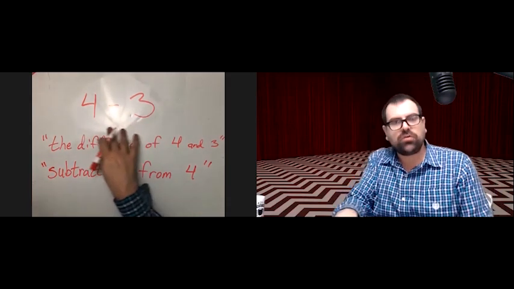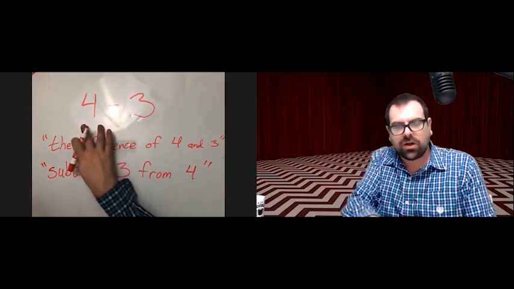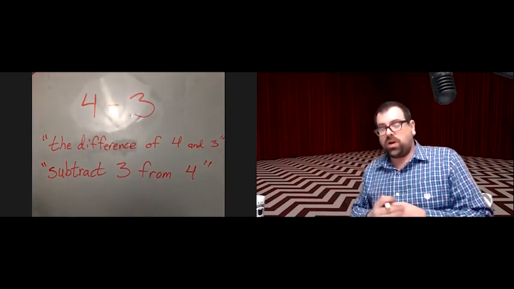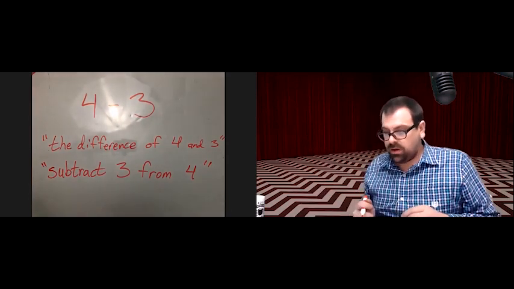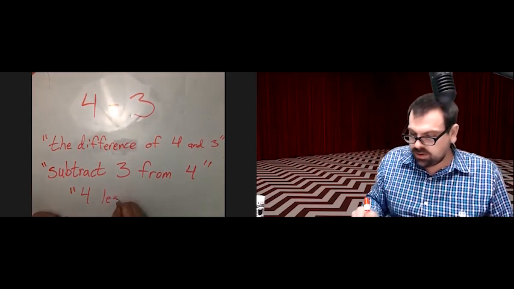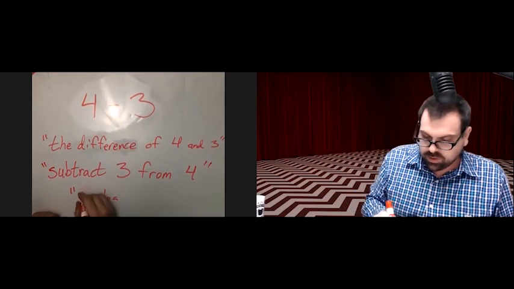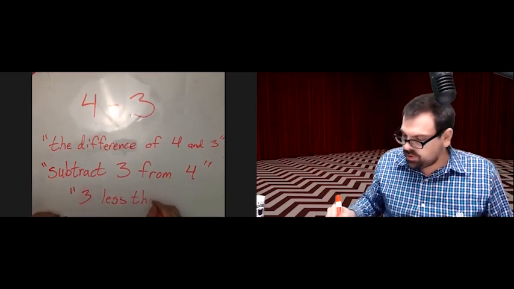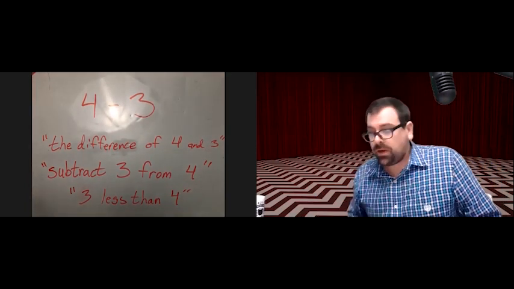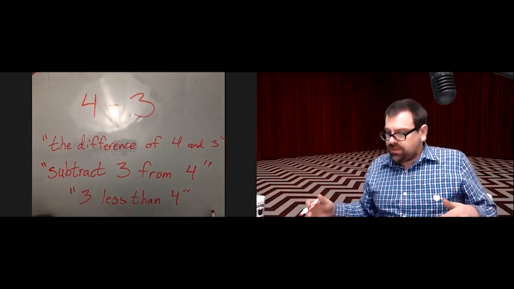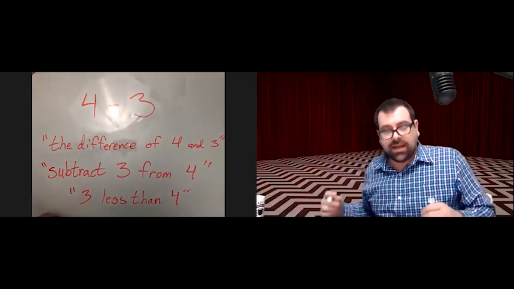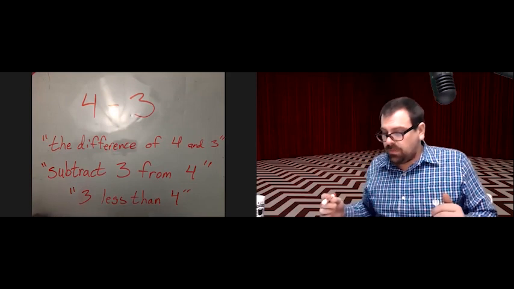You wouldn't say that this is subtracting 4 from 3. You're starting with 4 and you are subtracting 3 from it. 4 take away 3 is 1. Subtract 3 from 4. Or maybe three less than 4. So these are all different ways of saying 4 minus 3. If we saw any of these and we wanted to translate it into numbers, it would be 4 minus 3.